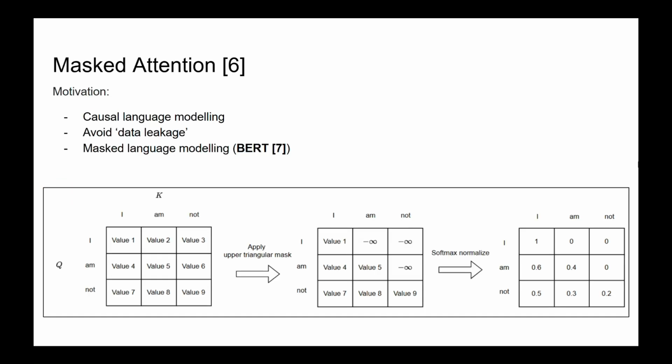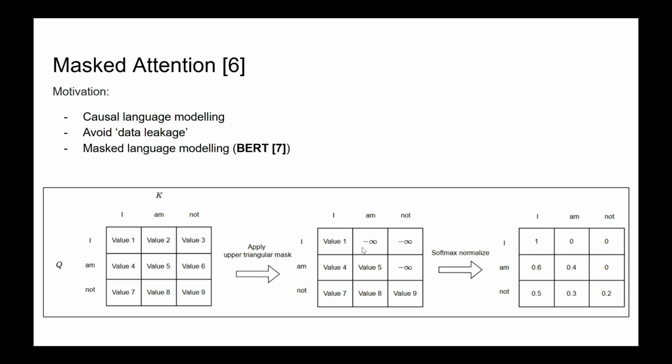Alright, now let's take a special kind of attention operation, which is masked attention. Let's first discuss causal language modeling, which is used in decoder-only language models. For example, we have the attention score as shown before. We have multiplied the Q and K matrices, but now we apply an upper triangular mask.